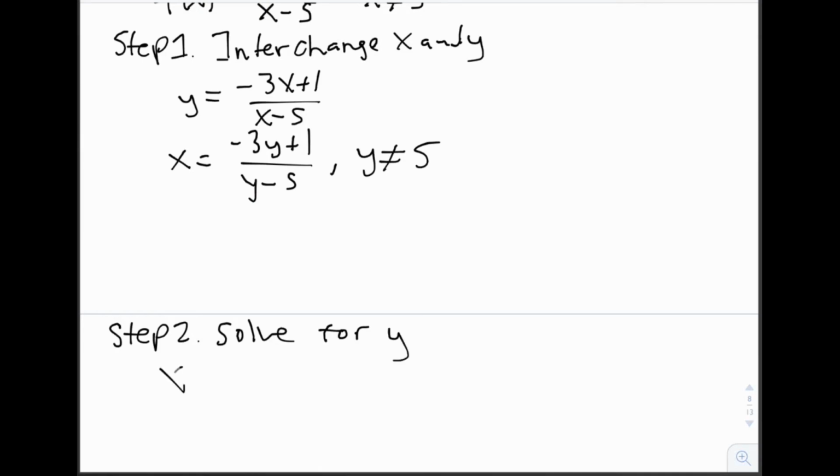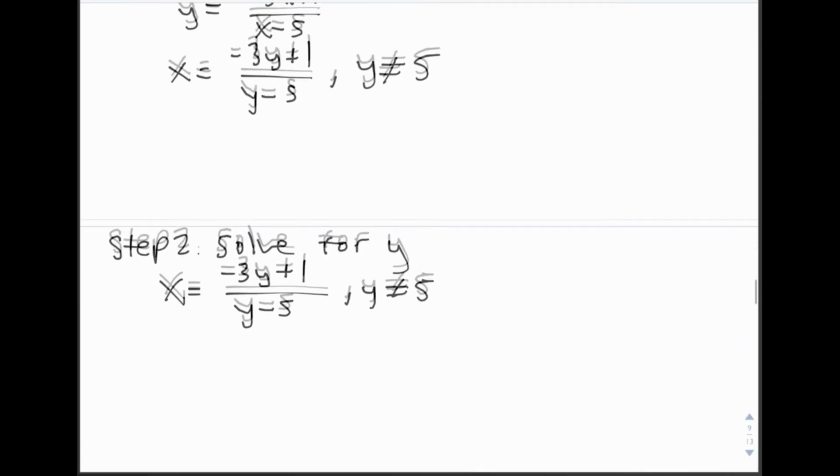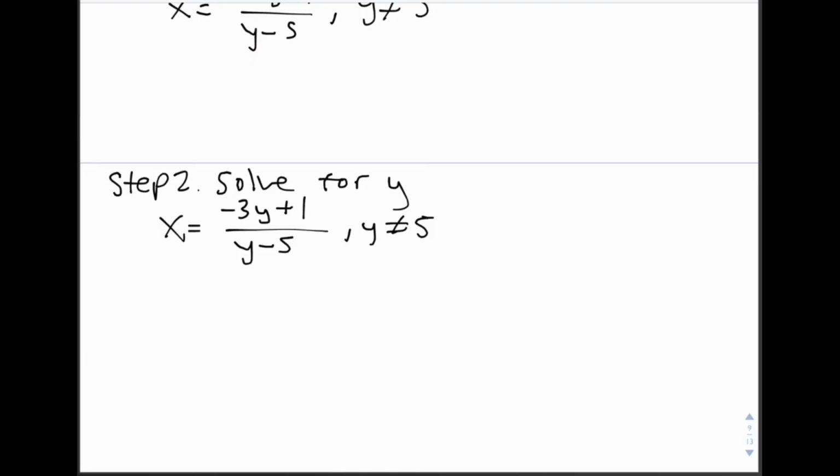Okay, so given our original, we have x is equal to negative 3y plus 1 over y minus 5, where y is not equal to 5. And first things first, let's go ahead and multiply that y minus 5 out of the bottom. So multiplying y minus 5 out of the bottom, what does that give us? It gives us x times y minus 5 is equal to negative 3y plus 1.